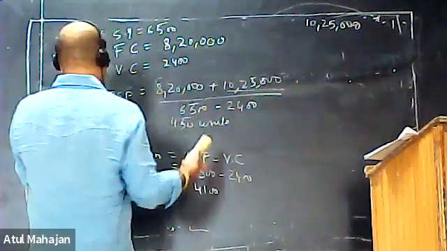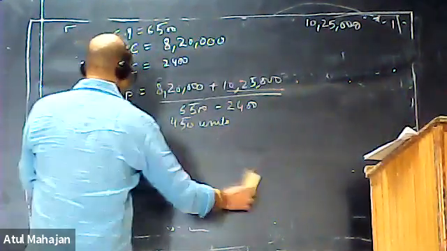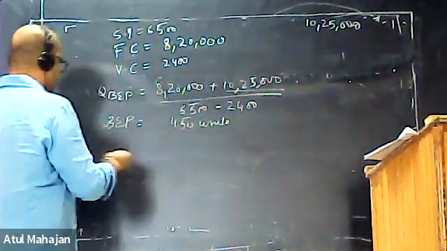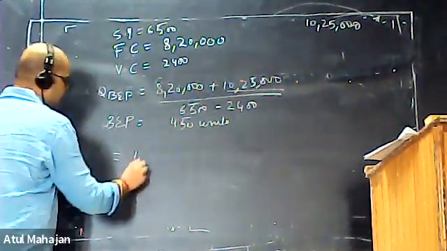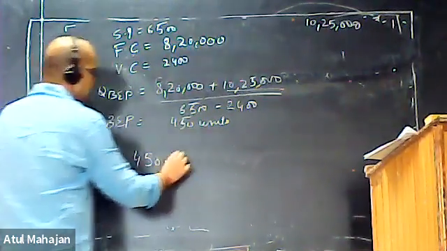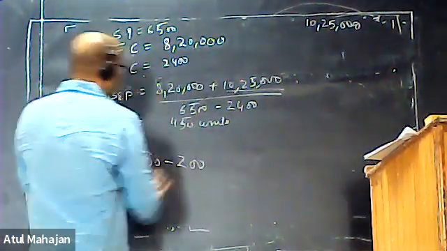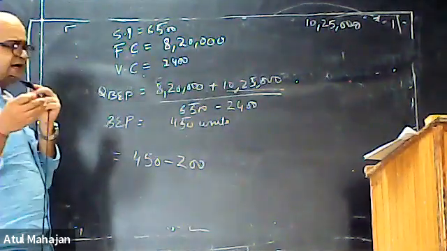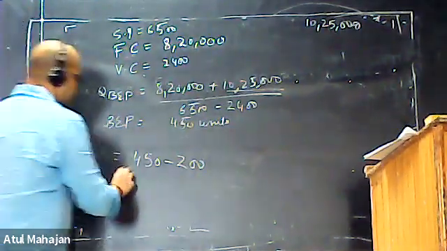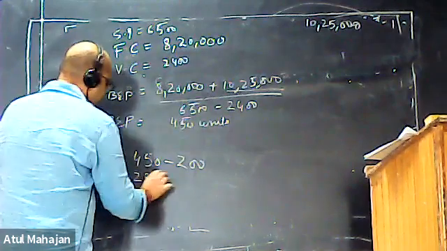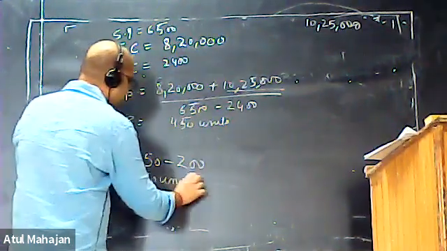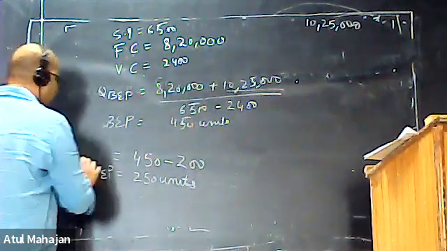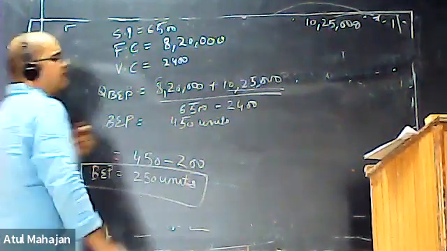The volume needed to generate a profit of 10,25,000 is equal to 450 minus 200. 200 was the break-even point that was calculated without the profit factor of 10,25,000. It would come out to be near about 250 units. So 250 units is basically the units that we need to generate without any risk.